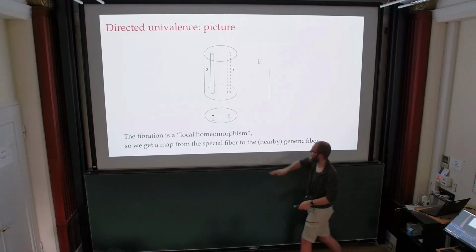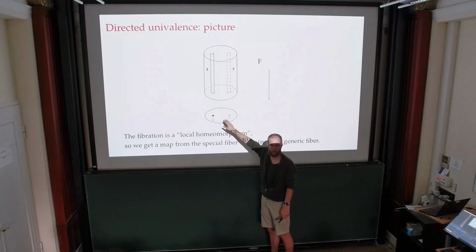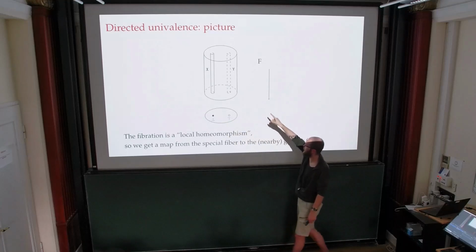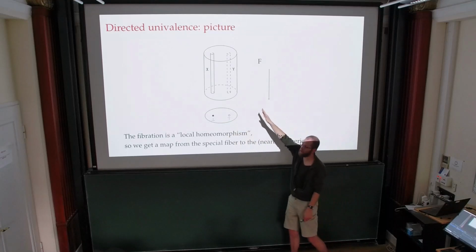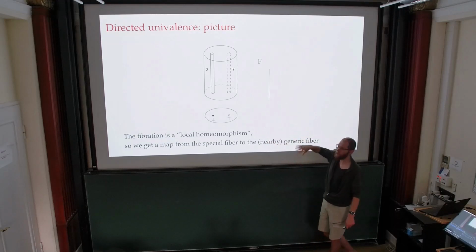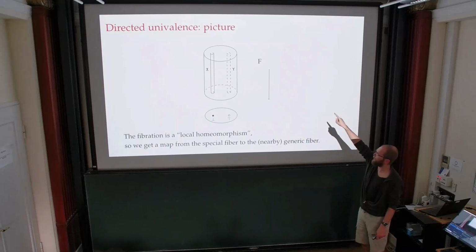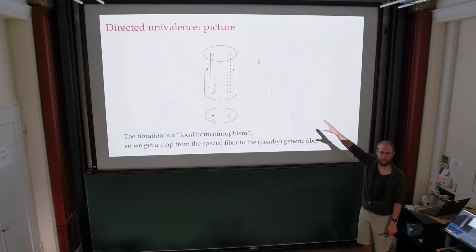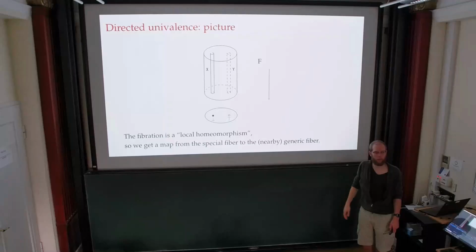But you don't have that many choices for little open neighborhoods, so it's just going to extend to the generic fiber. So you get a map from X to Y. Every point in X extends to a point in Y. So having an F like this, a directed path, will give you a function from X to Y.